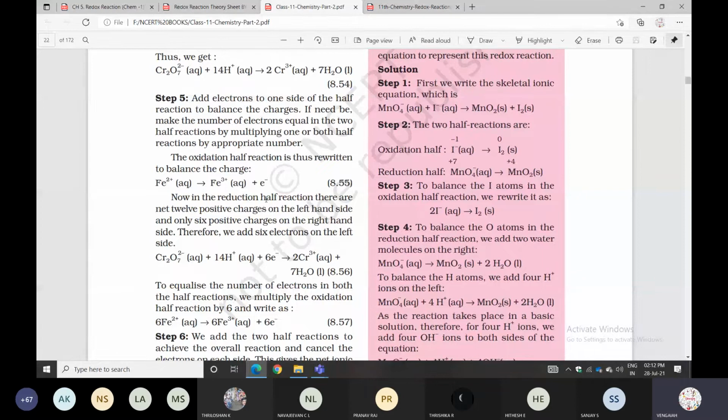So to make it electron balanced, they do this comparison. In the reduction half reaction, there are net 12 positive charges on the left hand side and only 6 positive charges on the right hand side.